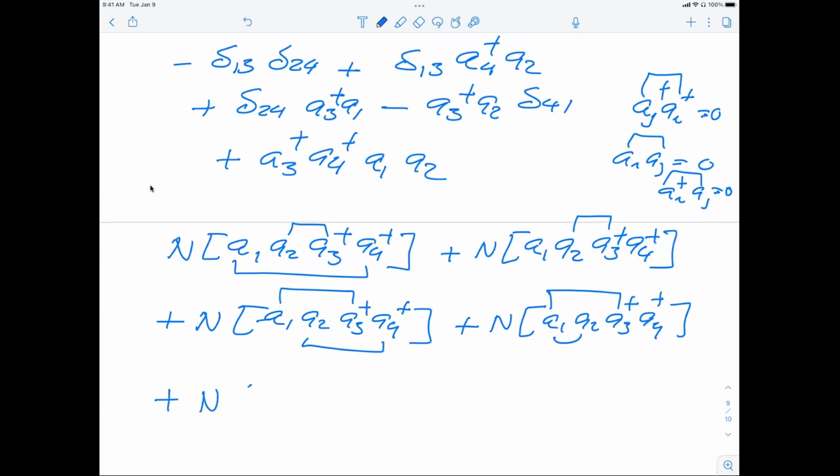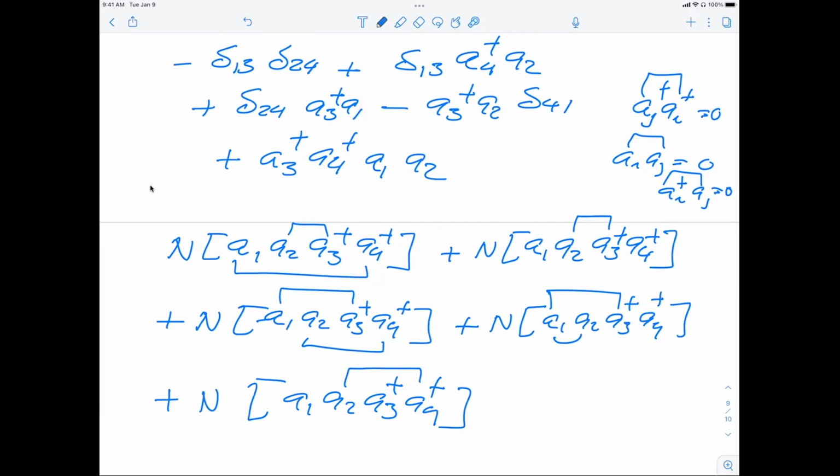So that's an N, and then we have an A1, A2, A3, and A4 dagger. So you see the next one has a contraction with delta 2, 4. So in this specific case, I need to change A3 with A4, gives me a minus sign, and then I flip A1 and A3 to get the normal ordered form, which we have here, and that gives you a minus sign, so that gives a plus.